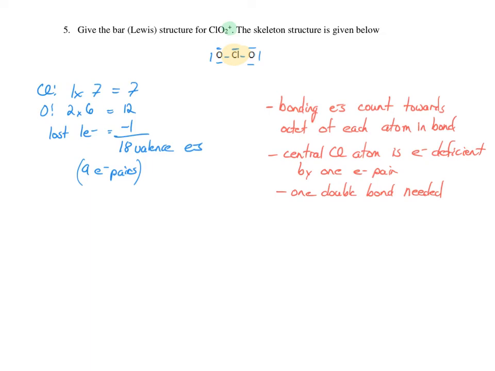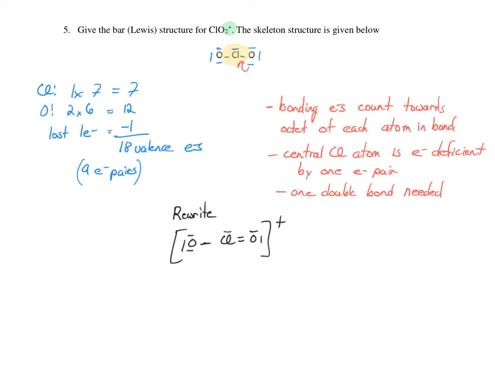The central chlorine atom is electron deficient by 1 electron pair, so we need to have a double bond. We're going to cause one of the electron pairs to move from being a lone pair to a bonding pair.